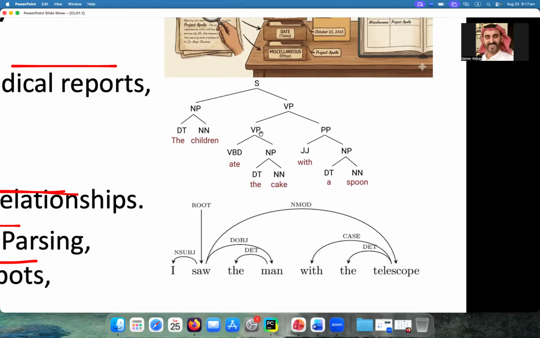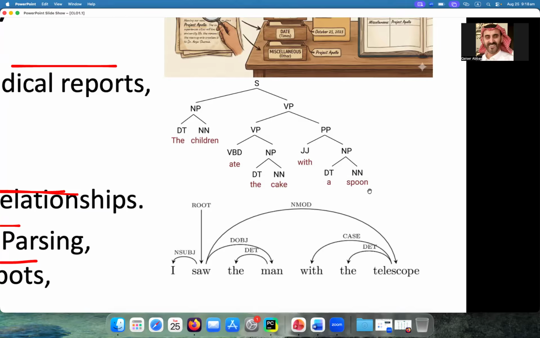The first tree that you are seeing here is constituency parsing, and the other tree is dependency parsing. Here the sentence is: the children ate the cake with a spoon. Then the children are combined words, and then ate the cake, where the and cake are combined words.